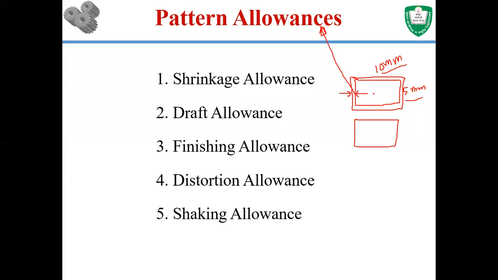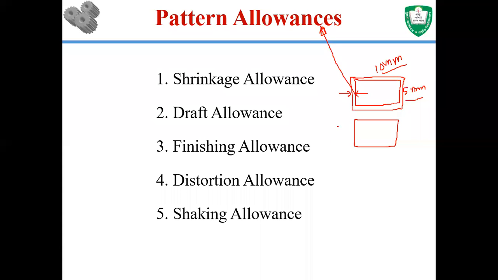So the definition of the pattern allowance is that the amount of increase in dimension of the pattern compared to the final product that we want to manufacture is called the pattern allowance.